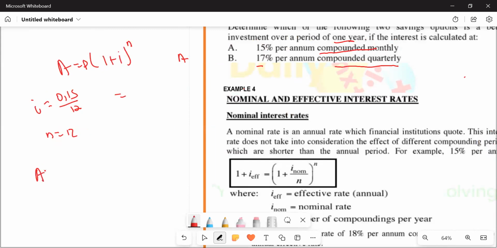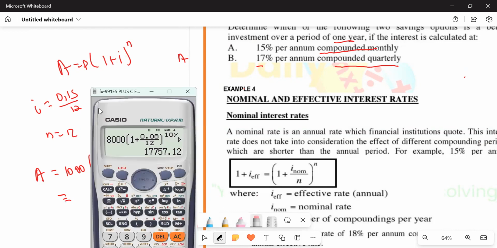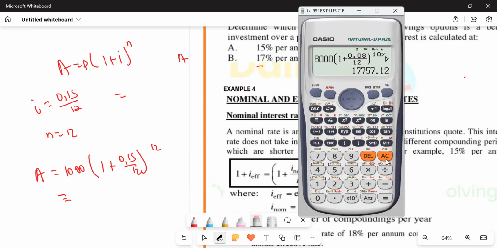If we go with option A, we're going to have A, which is going to be P. Our P is 1,000. And then we have 1 plus 0.15 divided by 12, to the power of 12, okay? Oh, we didn't use 1,000, some of us. We used different numbers.